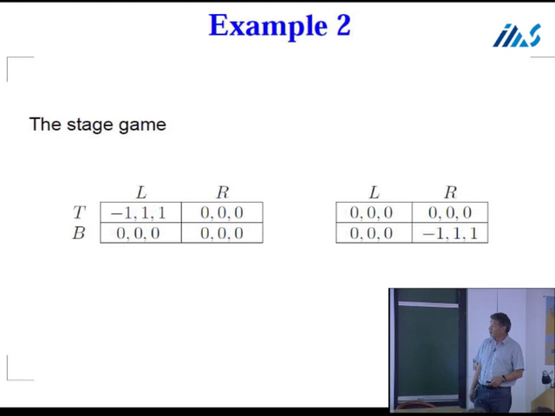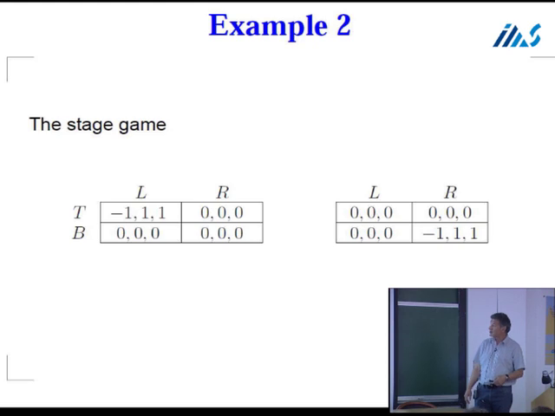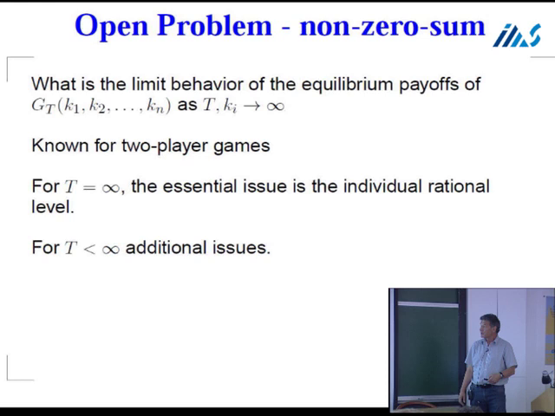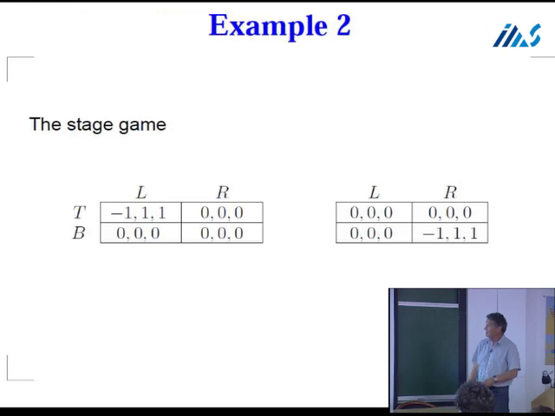But let me show two specific examples that illustrate these difficulties of the individual rational level and the equilibrium. So first of all, for the individual rational level, if you look at this 3-player game, so only in these cells.